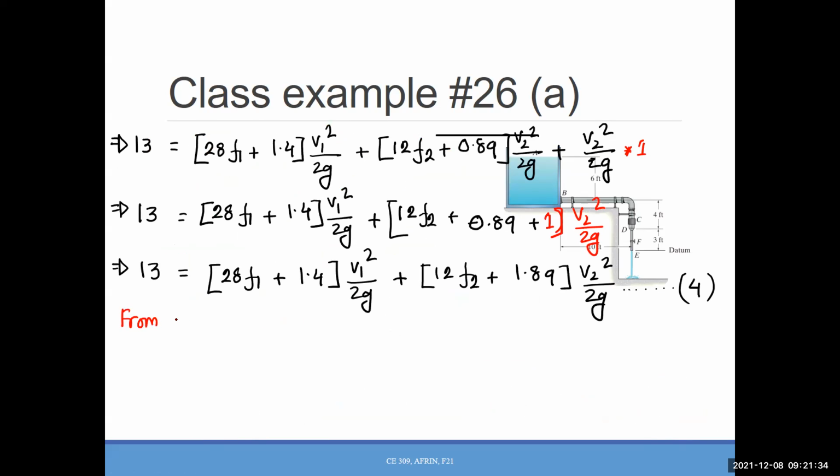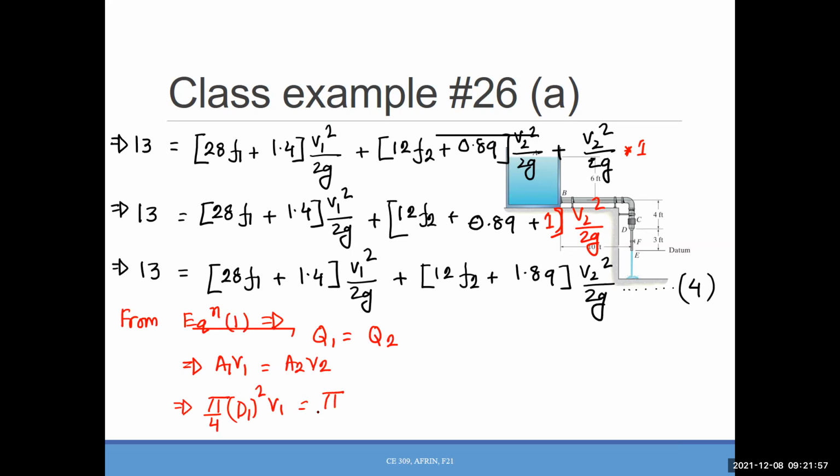So from equation 1, Q1 equals to Q2, A1 V1 equals A2 V2, pi over 4 D1 square V1 equals pi over 4 D2 square V2. Can I cancel pi over 4 from both sides?